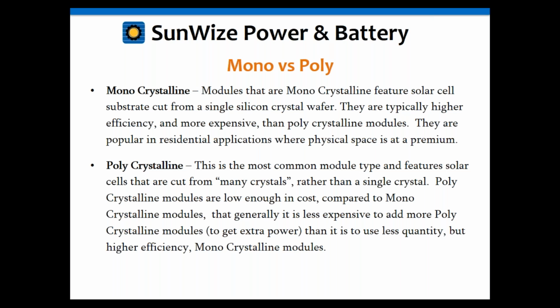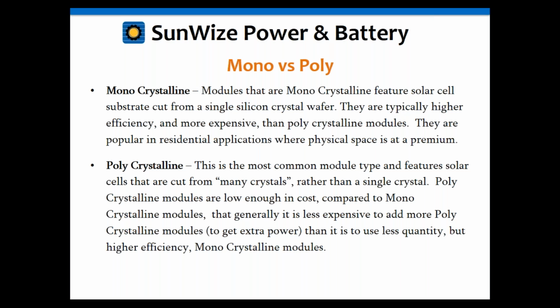Now, because of that, there's still that little area in the solar module that's not being used because they're not making a perfect square with the monocrystalline. They're leaving those rounded corners, that little diamond pattern. So what ends up happening is that when you look at the overall module efficiency, the difference between a mono and a poly is almost none. You might find the mono is slightly more efficient, but the difference is very minimal.